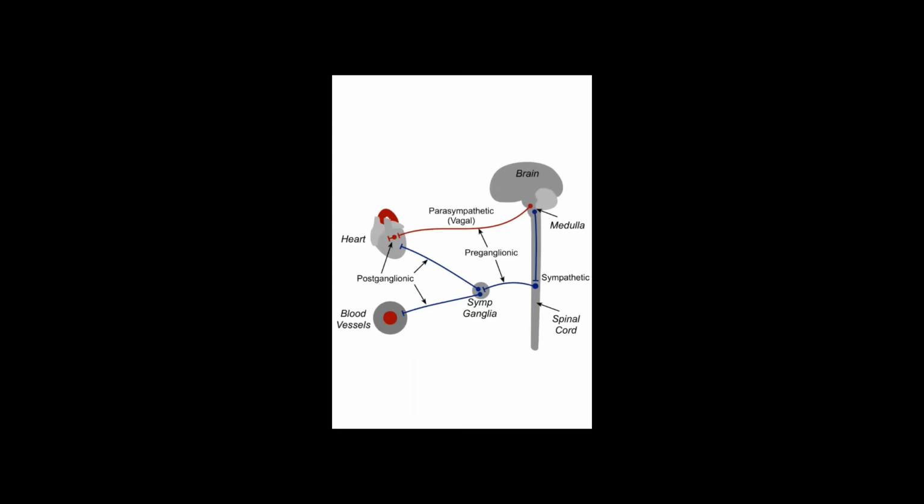Stimulation of sympathetic nerves results in increased heart rate, that is tachycardia, increased force of contraction, and dilatation of coronary arteries, resulting in increased blood flow and availability of more oxygen and nutrients for the myocardium.